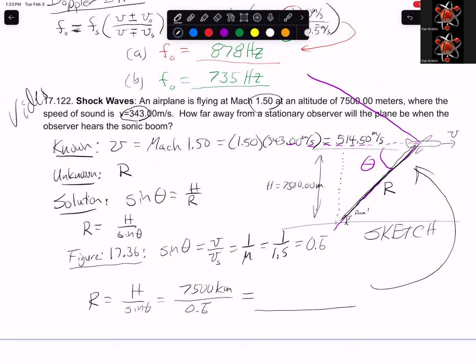So then I'm just going to take that approximation as 7,500 divided by 0.6 repeating, and I get that it's 11250 kilometers away. Okay, so you had to kind of go within the chapter to figure out that there's this angle of the shock wave, and the faster you go, the narrower that point on the end of that shock wave.